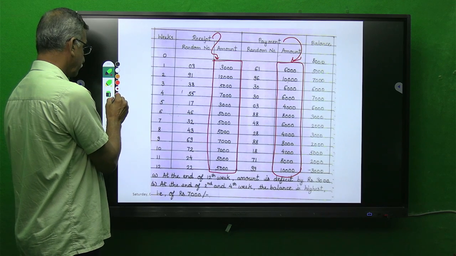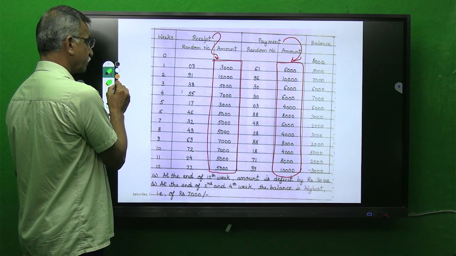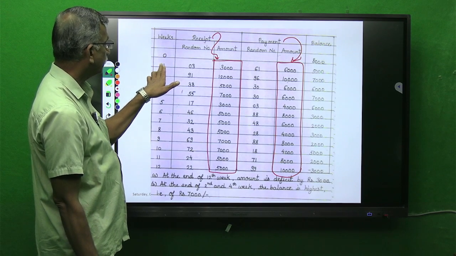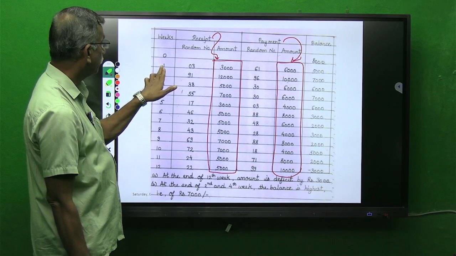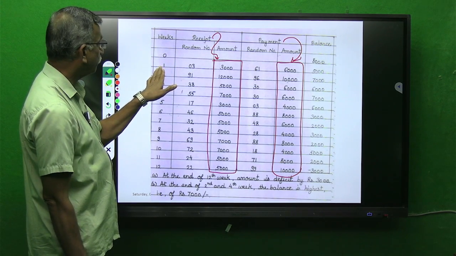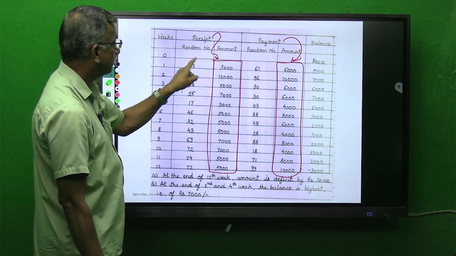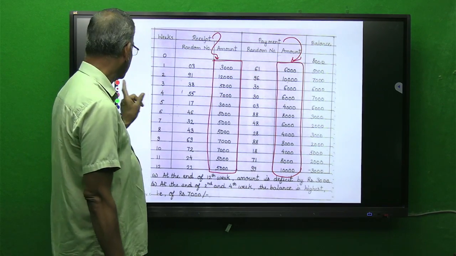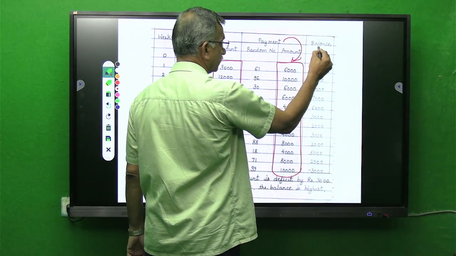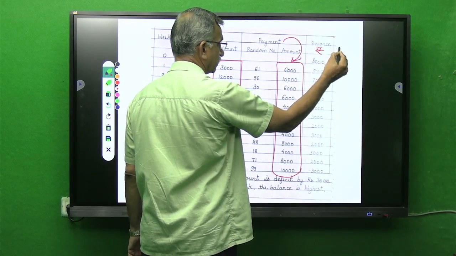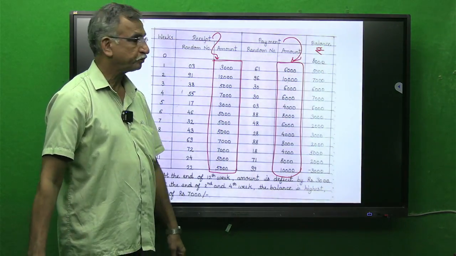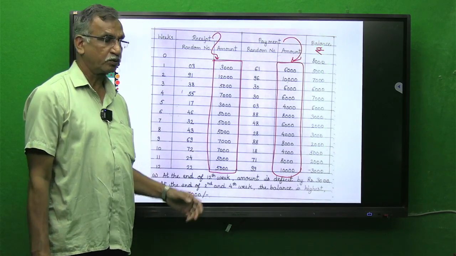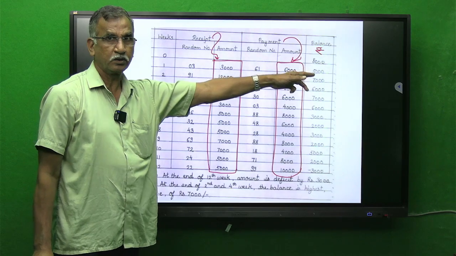Now, very important, focus your attention towards the board. See, for finding the value for the end of week 1, the initial balance was 8,000. Of course, here the unit is rupees. Initial balance before the first week was 8,000.